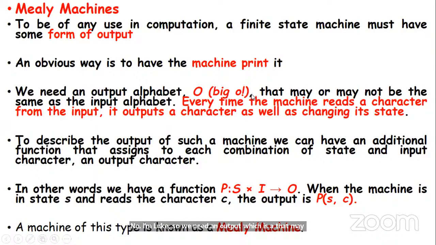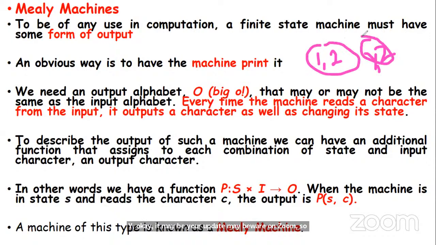Now, please take note of this writing. It says the output alphabet may not be the same as the input alphabet. That means if your input alphabet is, let's say, 1 and 2 as we just did, the output alphabet may be Z, X, or Y and Z. They may not be the same.